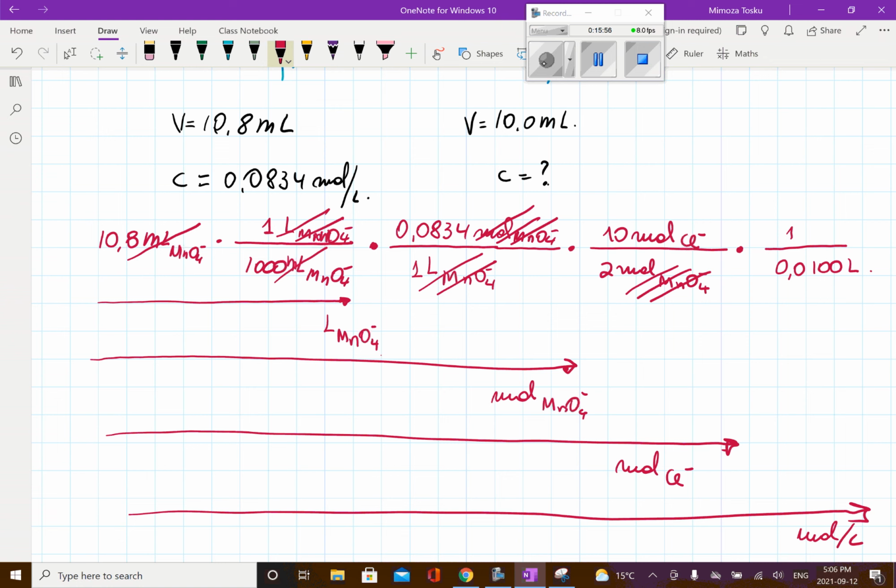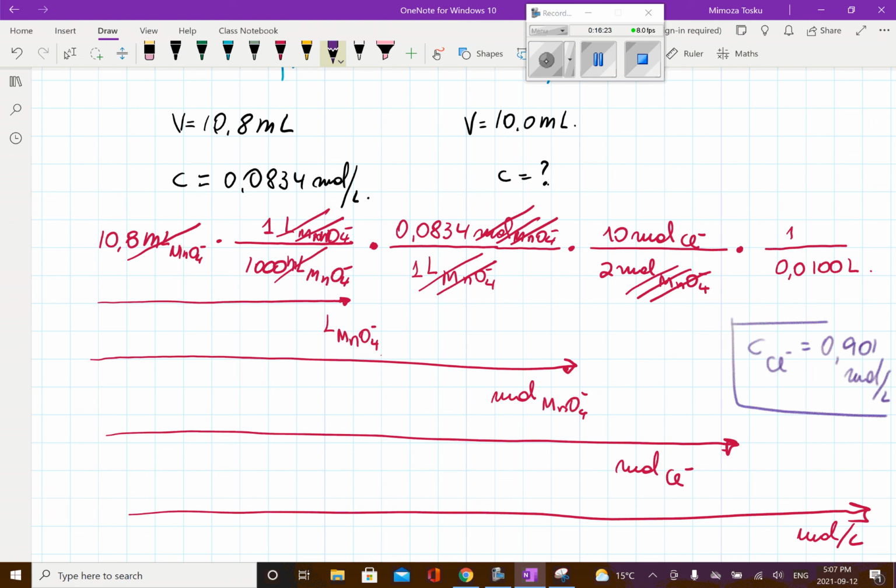After you enter this in your calculator, I believe the concentration of chloride ion is 0.901 moles per liter.